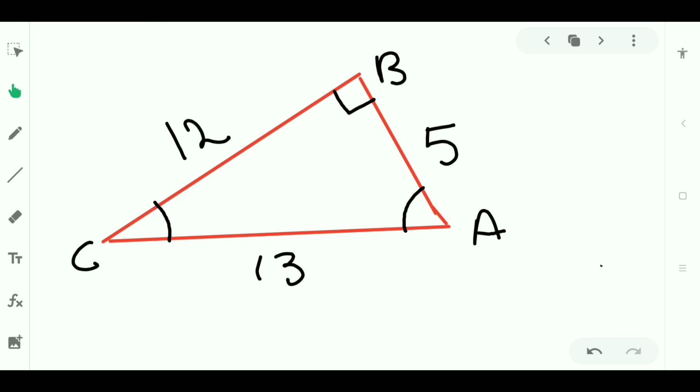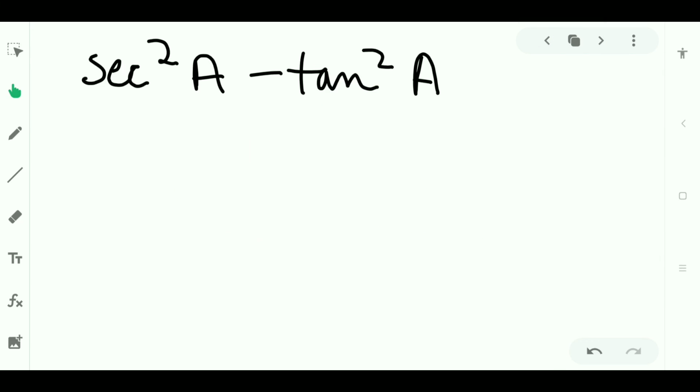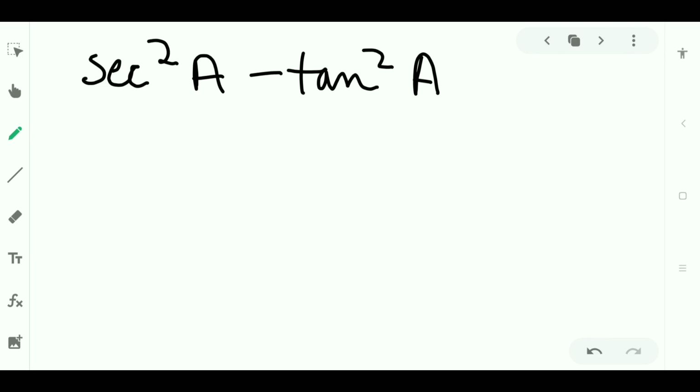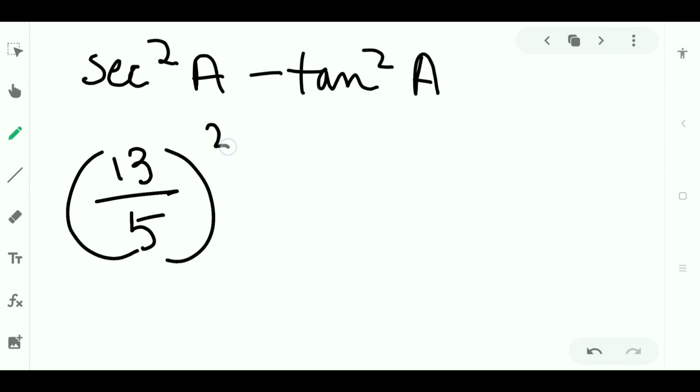So cosine is nothing but adjacent by hypotenuse, and secant will be hypotenuse by adjacent. So it is of angle A. So hypotenuse is 13 and adjacent is 5. So 13 by 5 whole square. Here 13x by 5x whole square. Here x and x cancel.